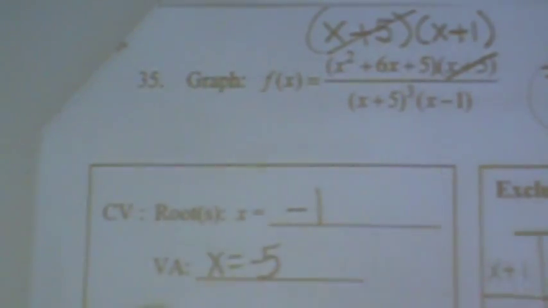What are our roots? Negative 1. So we're going to just draw our graph here. Wow, that was crooked. Negative 1, put a dot. We have vertical asymptotes at negative 5, and at 1.